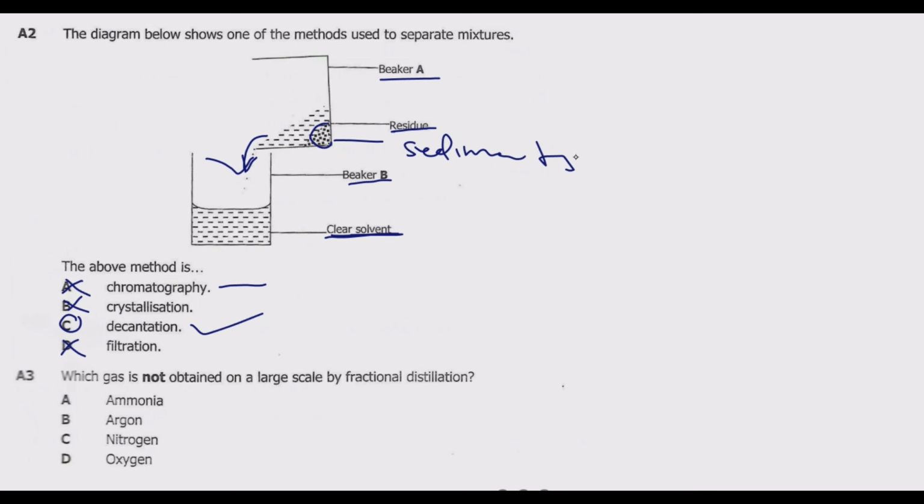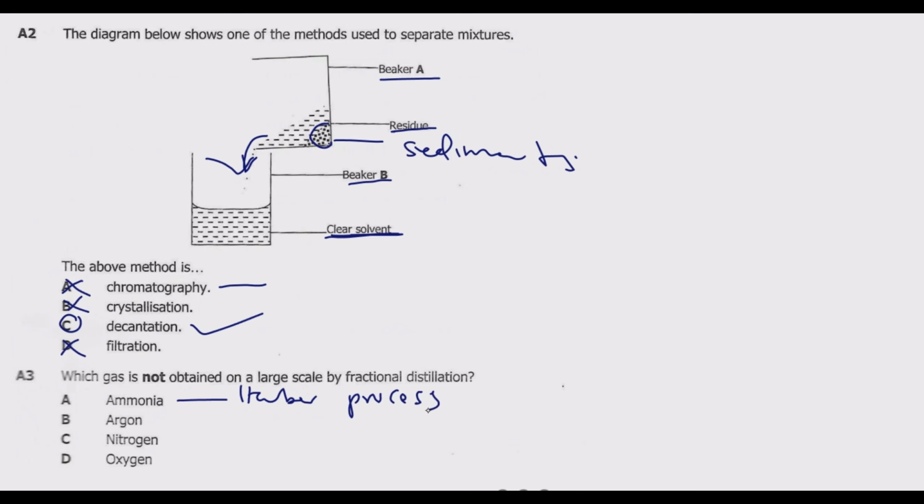Which gas is not obtained on a large scale by fractional distillation? You notice that A is the correct answer. A, you obtain it using the Haber process, which is ammonia.